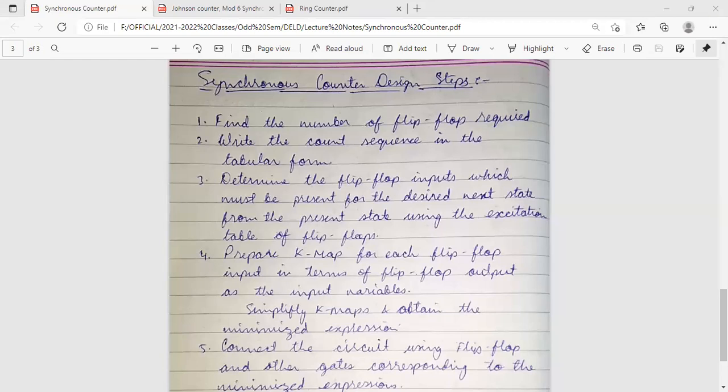So yesterday we have discussed the steps for how we can design a flip-flop, and I think all of you have gone through that. If you have not understood, see the video I have uploaded on YouTube. Today we will go through another type of counters.